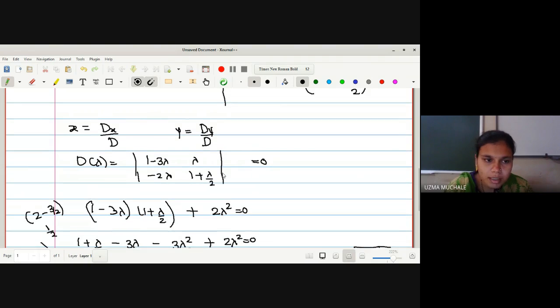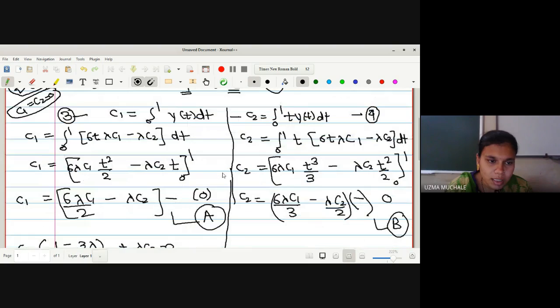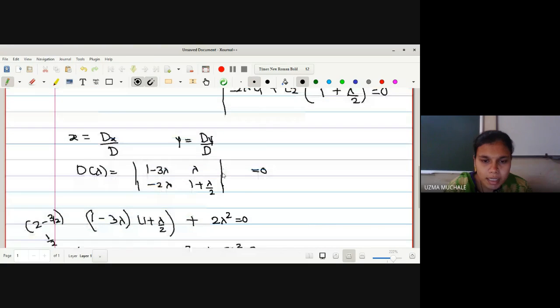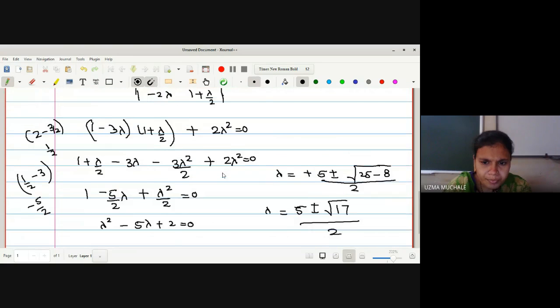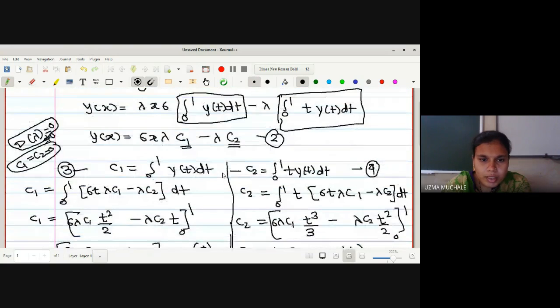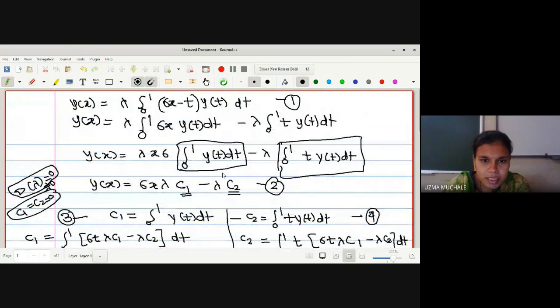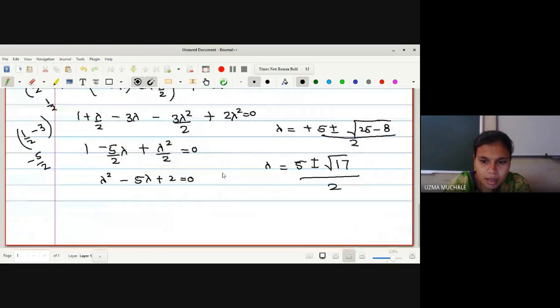If it is not equal to 0, we will get the trivial solution, that is C1 and C2 equal to 0. So for a non-trivial solution, the values of lambda are 5 plus under root 17 by 2 and 5 minus under root 17 by 2.